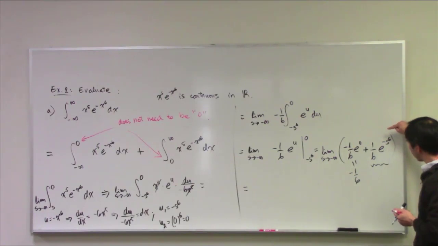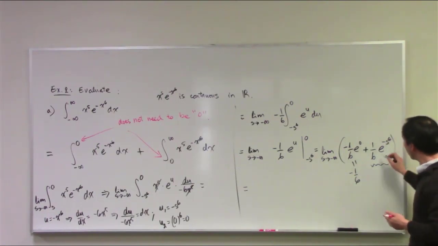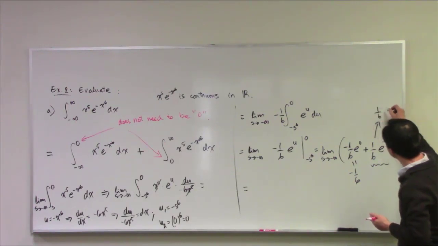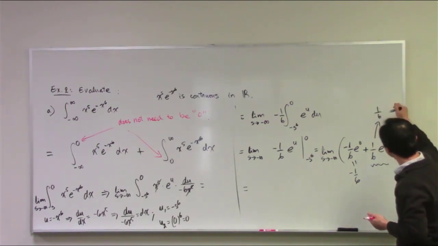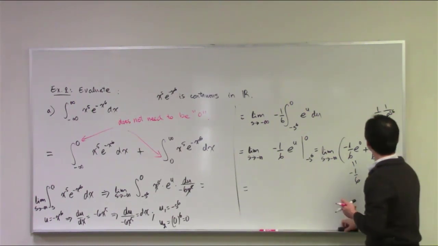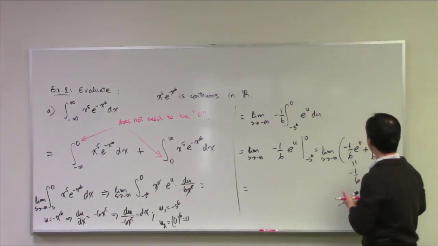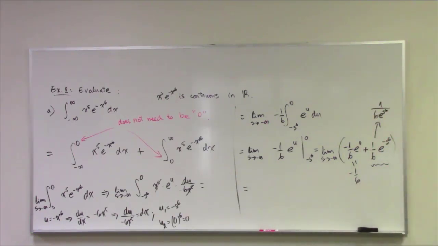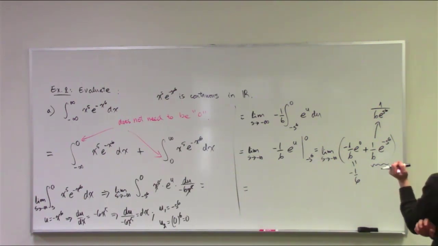Well, you can rewrite this as 1/6 times 1 over e to the s to the 6 power. That's quite an awkward way of writing it. So 1/6 times 1 over e to the s to the 6 power. Okay. Now s goes to negative infinity, admittedly.